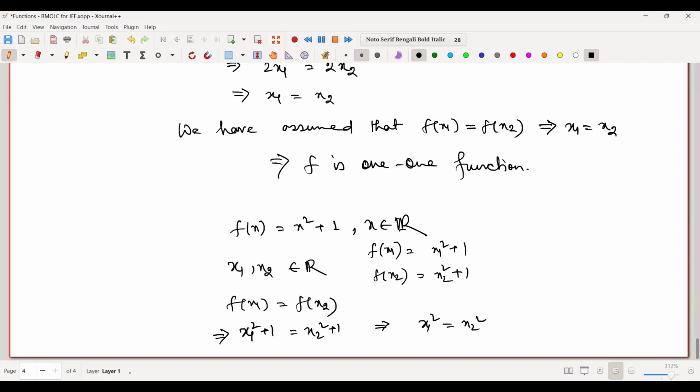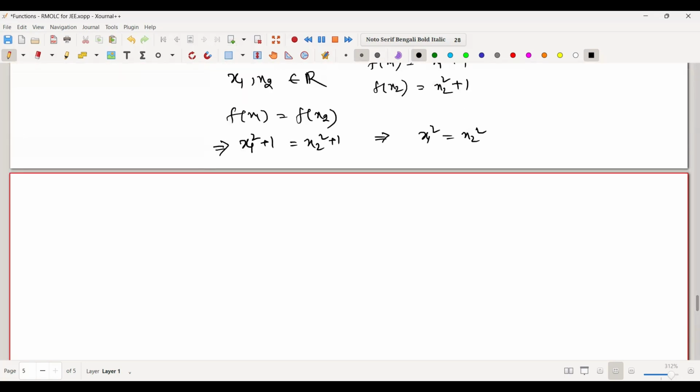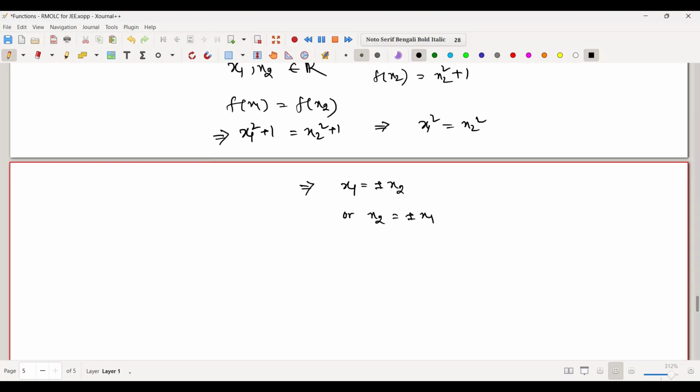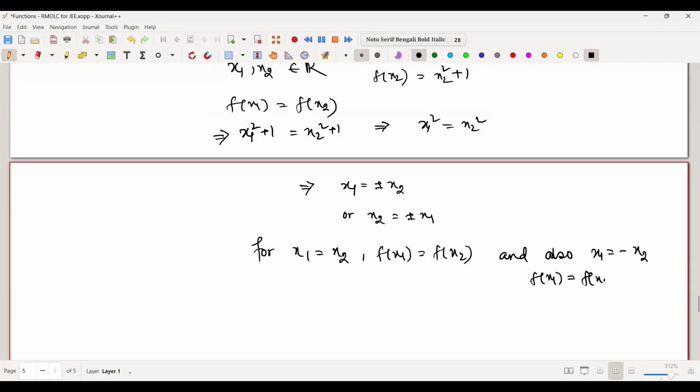So now this doesn't give only one solution, x1 equal to x2. This gives x1 equal to plus or minus x2. So for x1 equal to x2, f(x1) equal to f(x2), and also for x1 equal to minus x2, f(x1) equal to f(x2).